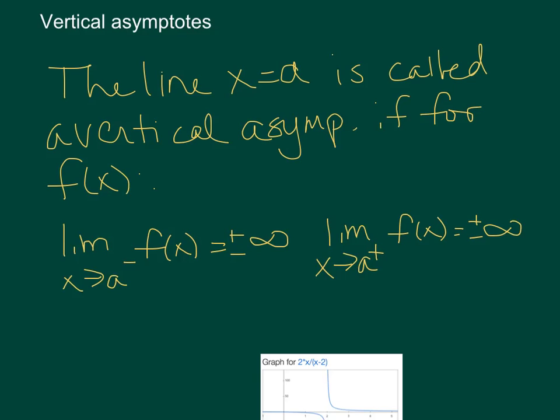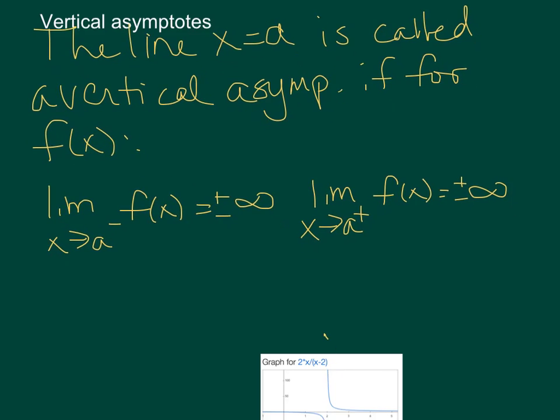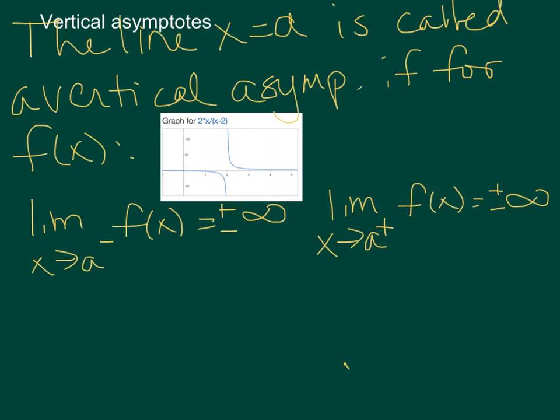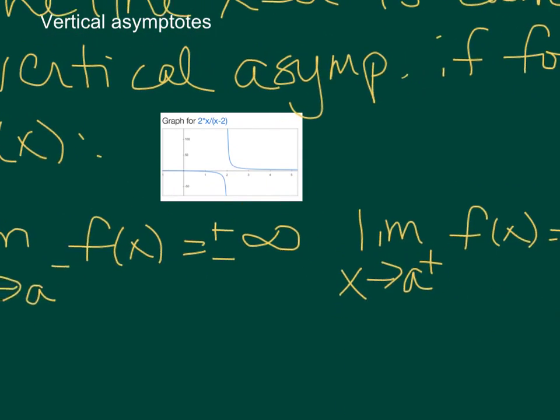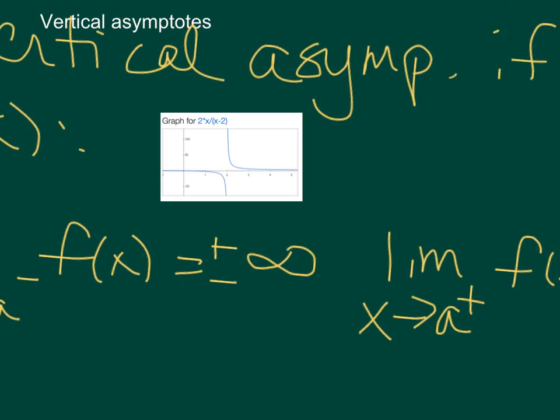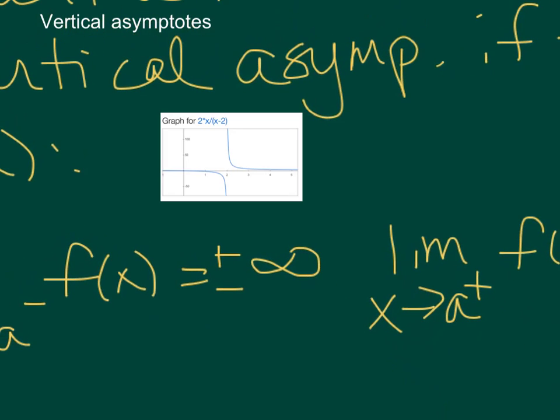Here's another example of a graph for which this is true. Let me just bring this up for you. There's the graph of 2x over x minus 2.